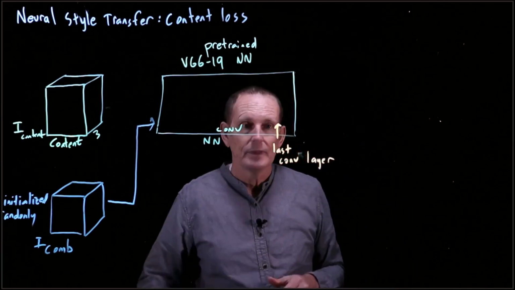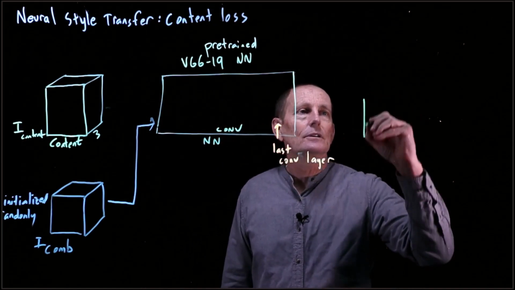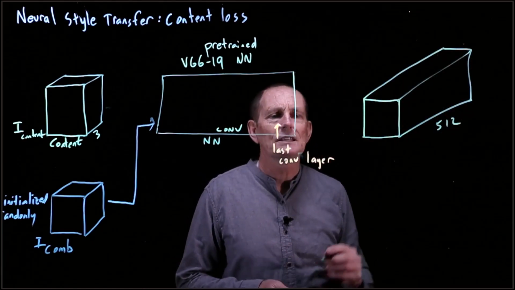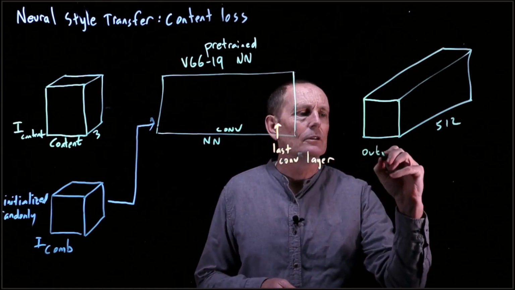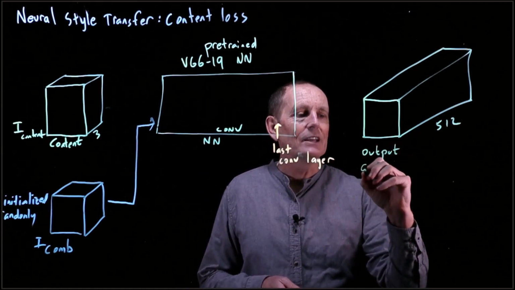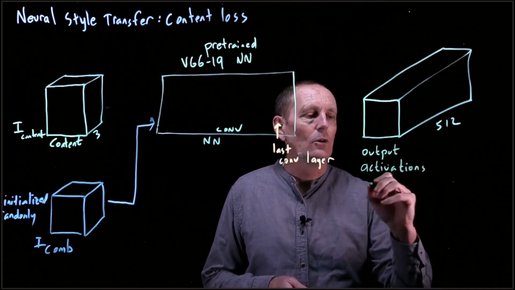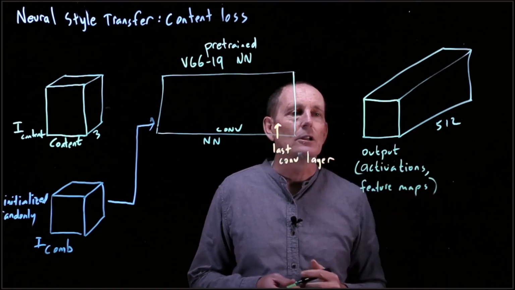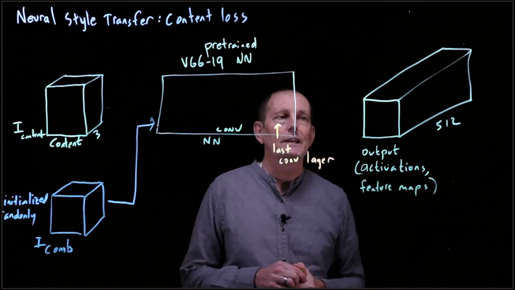We know its output is something like this, right? So this is the output or activations or feature maps. Right, these are all equivalent for this layer.